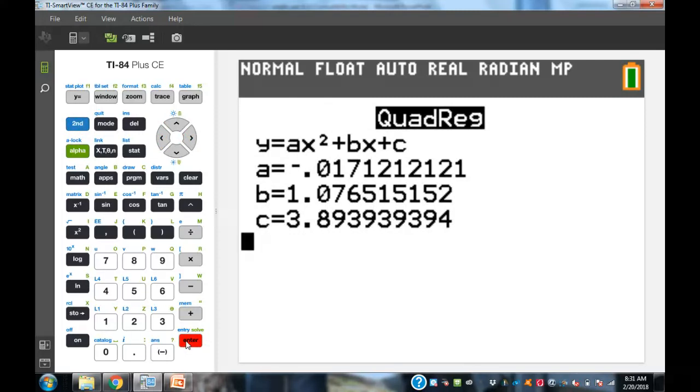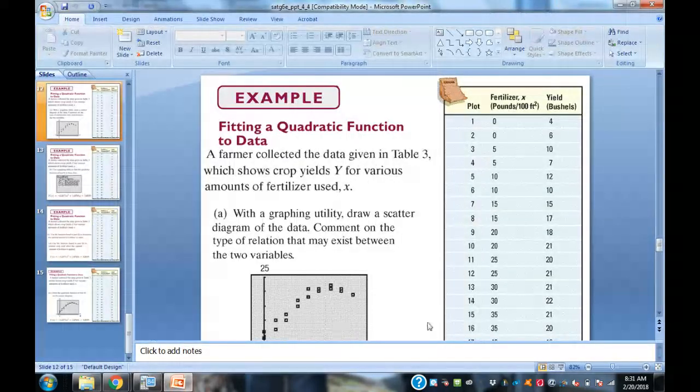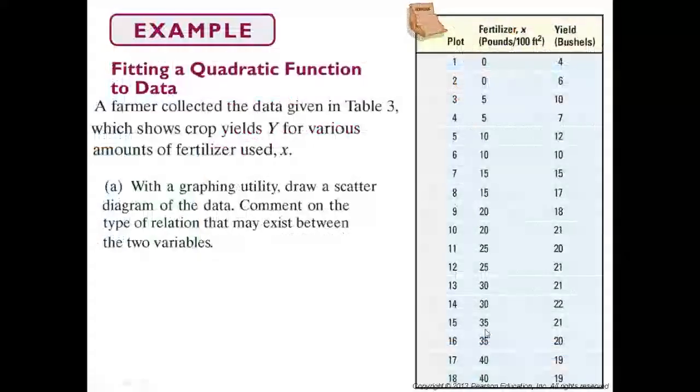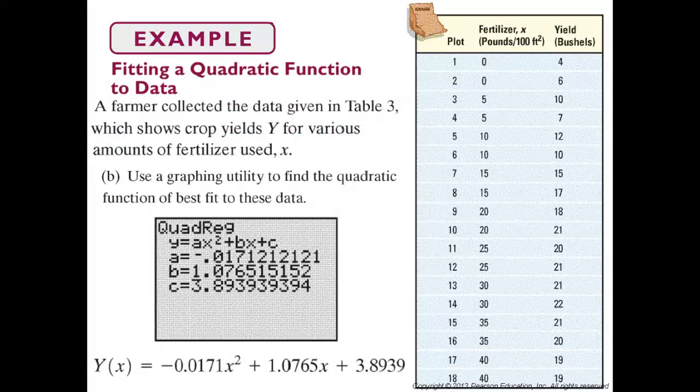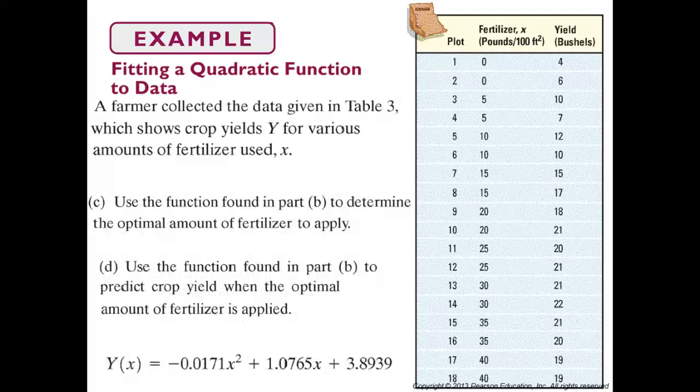We can use that to find anything we need out of the problem. That's the equation we found, and we can use that function to determine the optimal amount of fertilizer to apply.